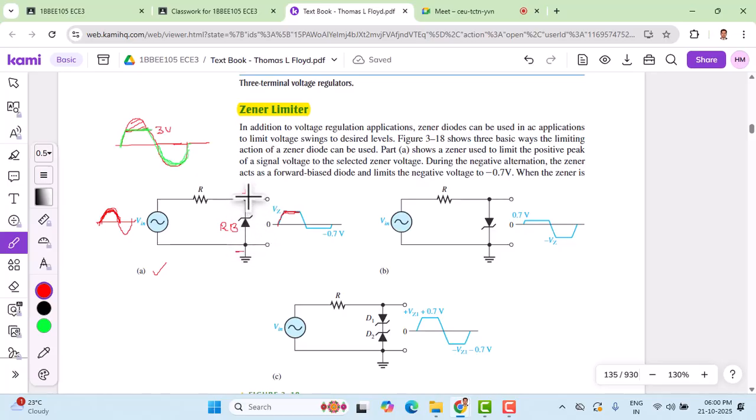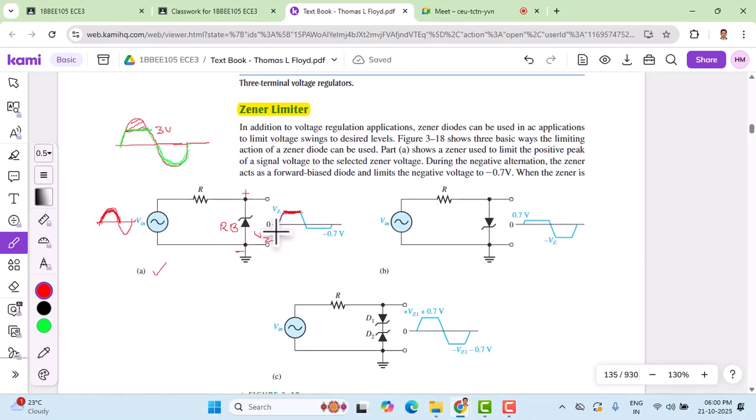The voltage across it is going to be Vz. As the input signal keeps increasing, it goes up to Vz, and beyond that it maintains a constant Vz. The voltage is not going to increase further. This is what happens in the positive half cycle.